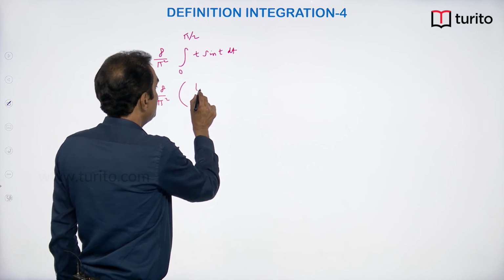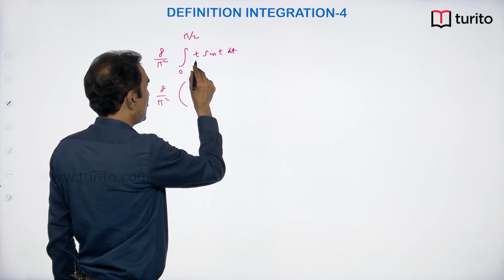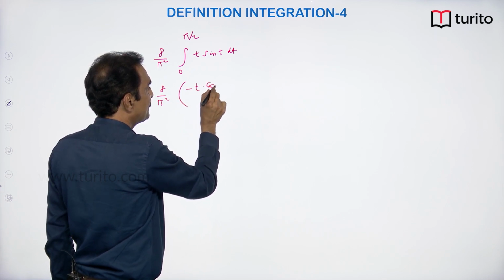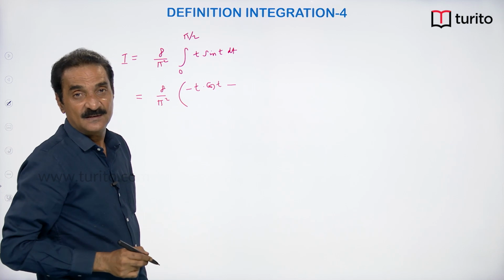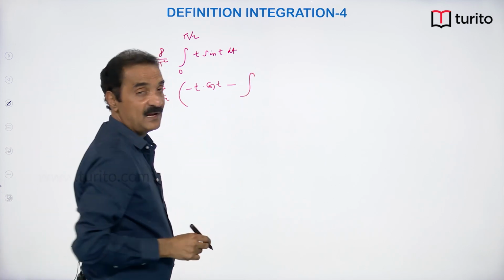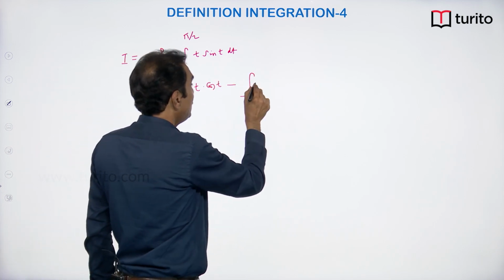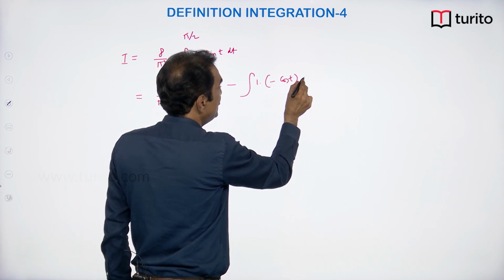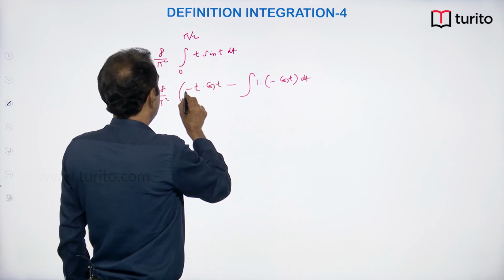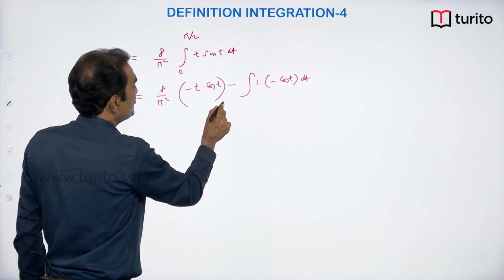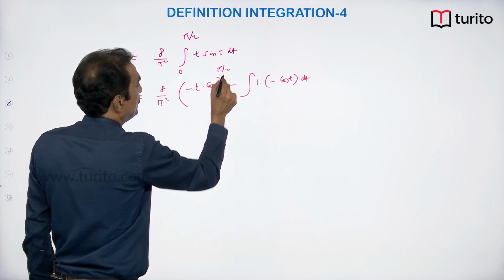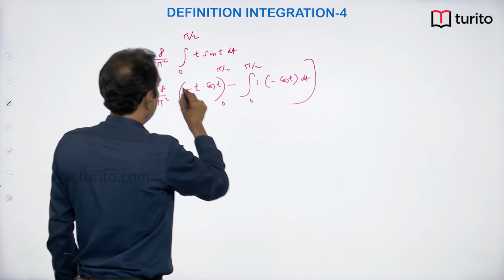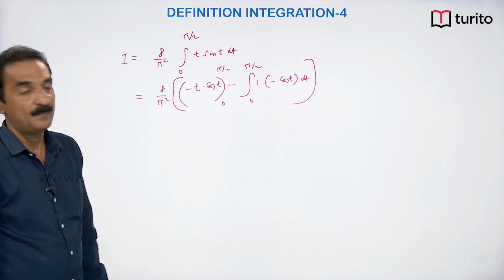So it becomes t into integral of the second, minus cos t, minus integral of derivative of the first function, 1, into integral of the second function, minus cos t dt. Here we have to write limits 0 to pi by 2, here also 0 to pi by 2, 8 by pi square into this whole.